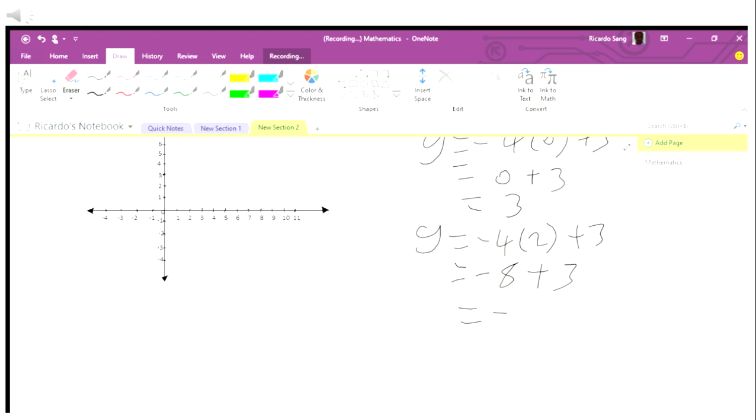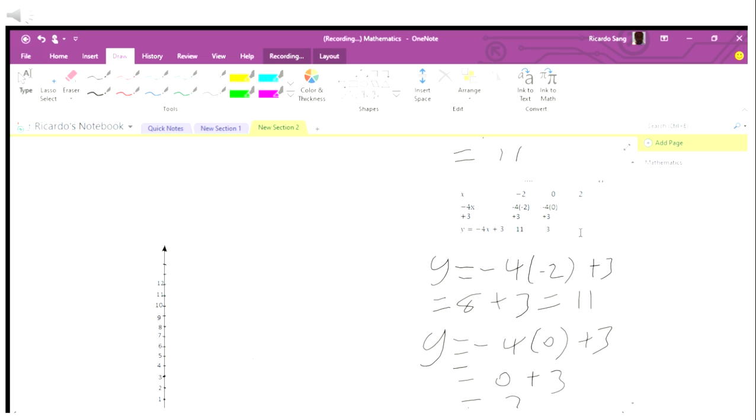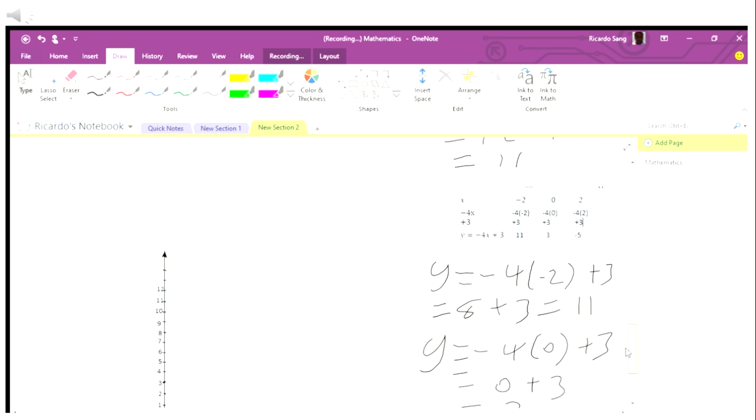Where should I write a 5? That would be negative 5. Right, and now we have all the coordinates, so we can plot our graph. Let's put in our negative 5 here and put in the process: minus 4, open bracket, 2, close bracket, and plus 3.